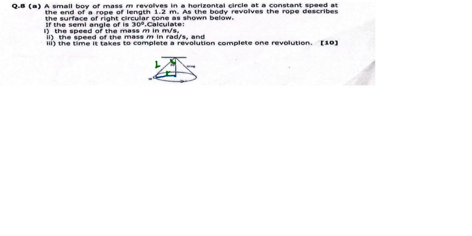So I can use sine theta. Sine theta is basically opposite, which is r, the radius, divided by the hypotenuse, which is l. Therefore r is l sine theta. So whenever I'm deriving the formulas, when I want to find my r, I need to use l sine theta.